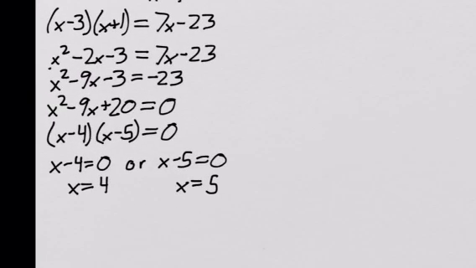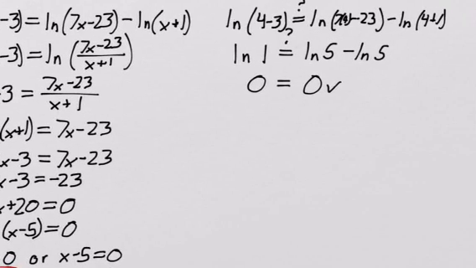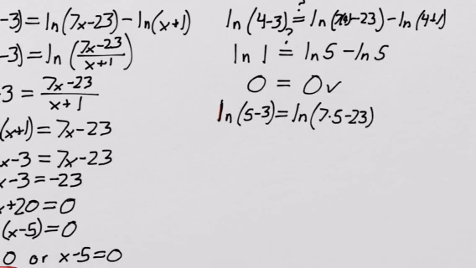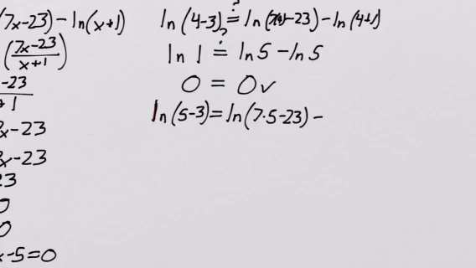So x equals 4 is a solution, but that does not necessarily mean x equals 5 is not a solution. So we'll do ln of 5 minus 3 is equal to ln of 7 times 5 minus 23 minus ln of 5 plus 1.